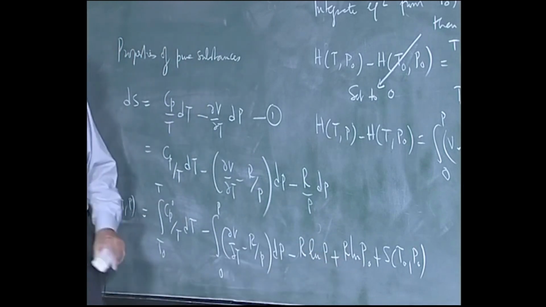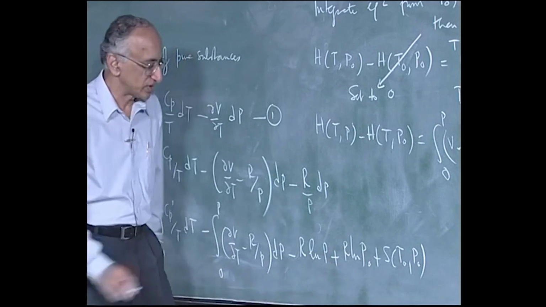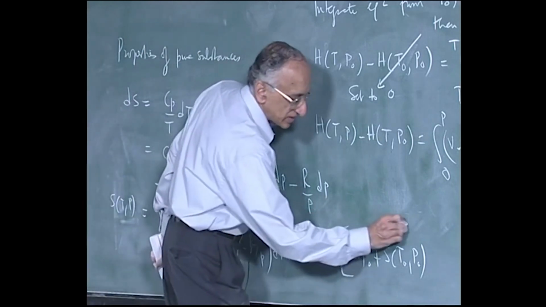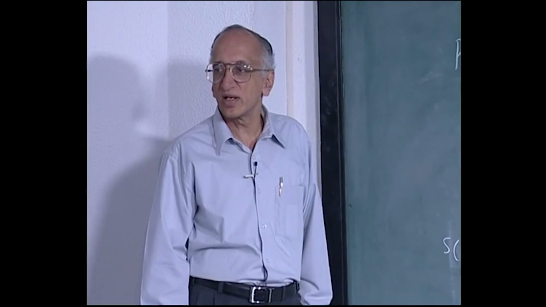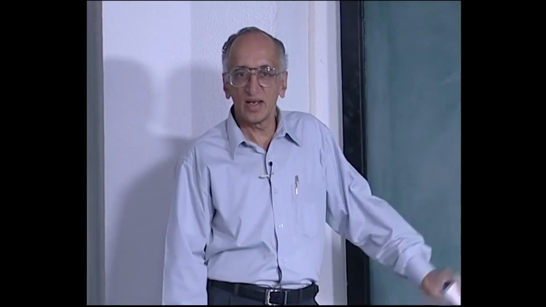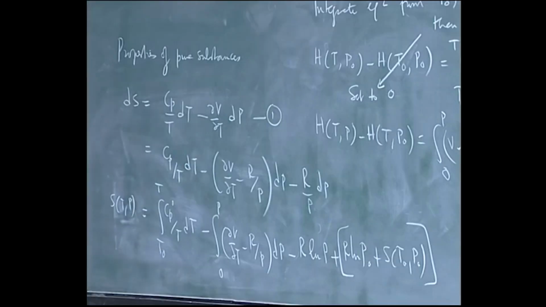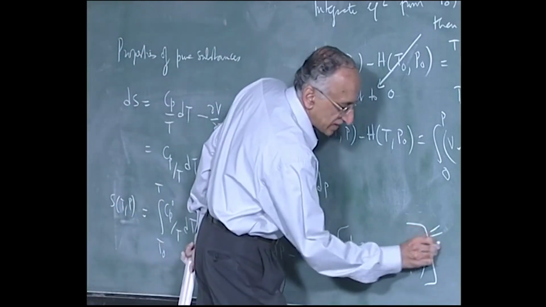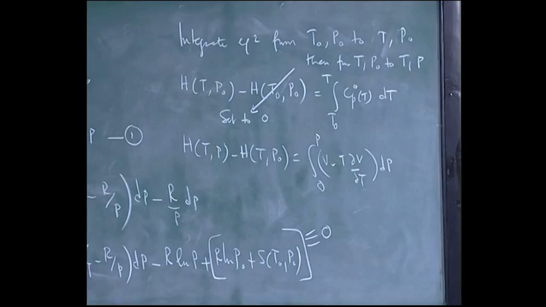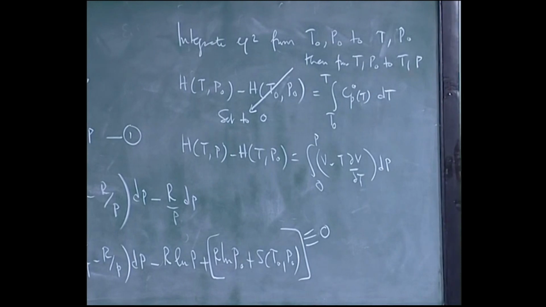Now I know there is a problem here because I am going to set P0 equal to 0, but notice that this quantity in parenthesis refers to the entropy contribution at the reference condition. That entire thing is at the reference condition. So instead of setting S at T0 P0 to 0, I will set this to 0, and it does not matter because I calculate the difference in entropy between 2 points.